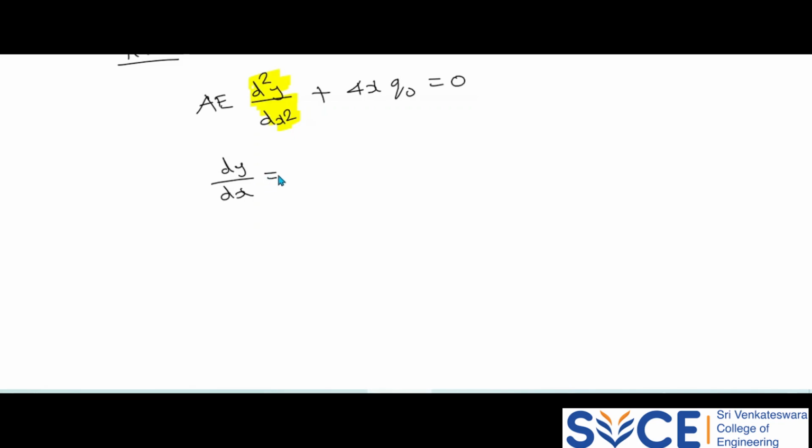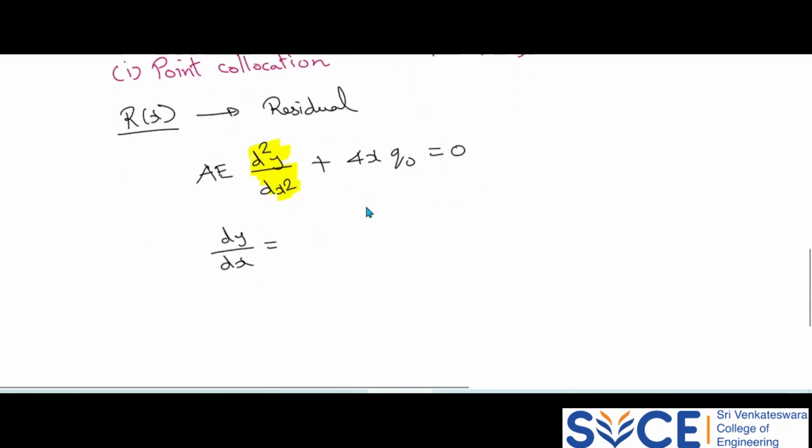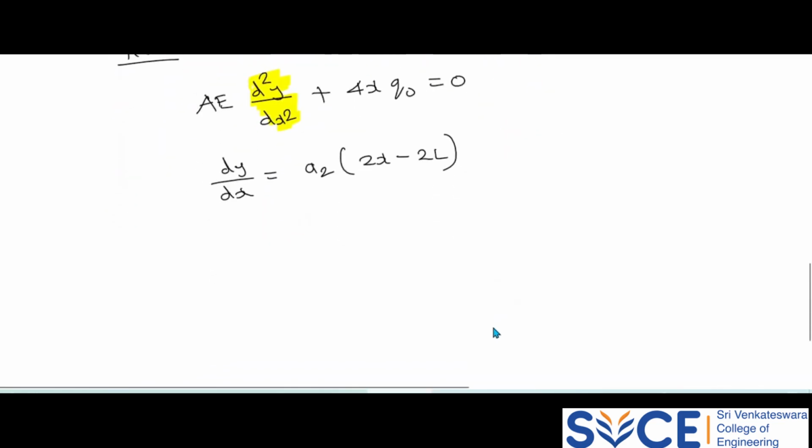So my dy by dx is equal to, y is here. So a2 is common, let me write it as a2. If I differentiate x square, we will get 2x. Minus x, if I differentiate, I will get 1. So just 2l. Now again I have to differentiate.